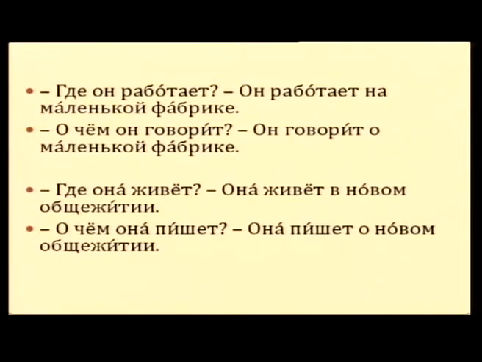So, accordingly, now you are able to understand and distinguish between the endings of these three genders when used with где as well as when they are used with о чем.